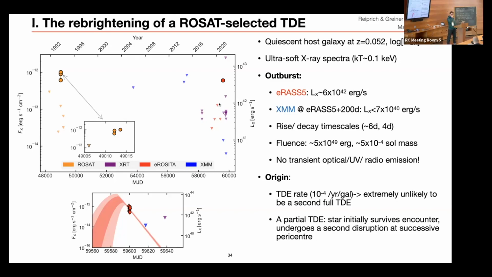Did you say it was intermediate between a QPE and a TDE? Yeah, at least with respect to the rise and decay timescales. So it's obviously much longer than the duration of a QPE outburst. Could it be a QPE? Depends what a QPE is. Based on some of the papers, could it be a QPE that's separated by several weeks?